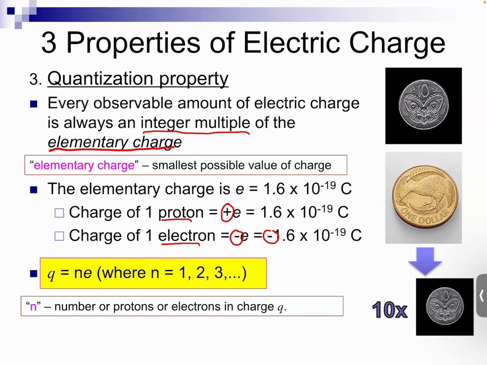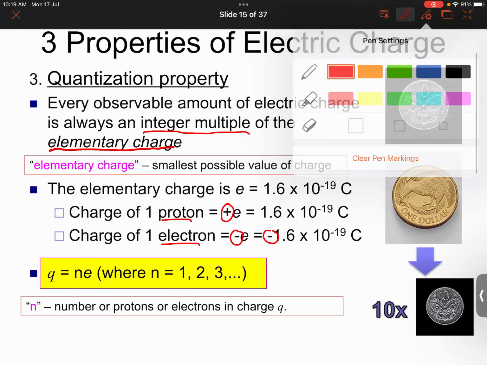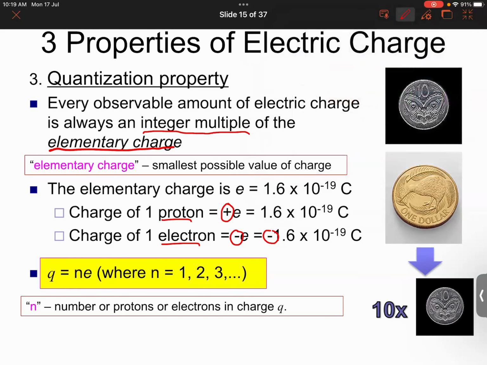So say, for example, you have a charge Q equals negative 32 coulombs. So it's a negative charge.